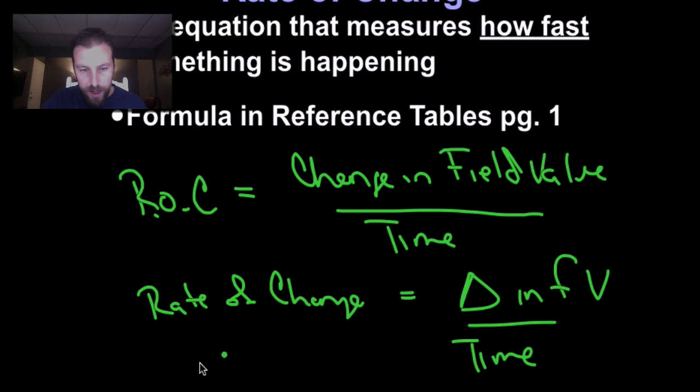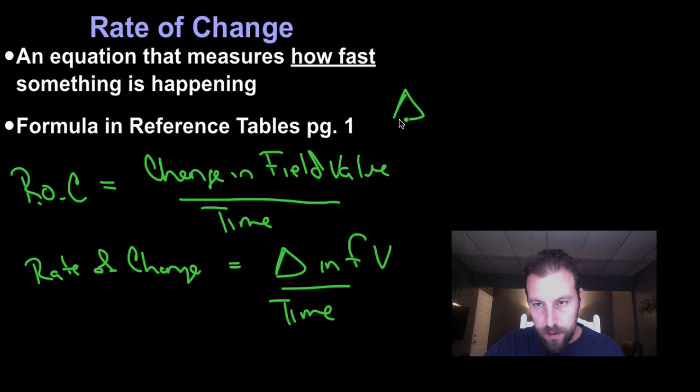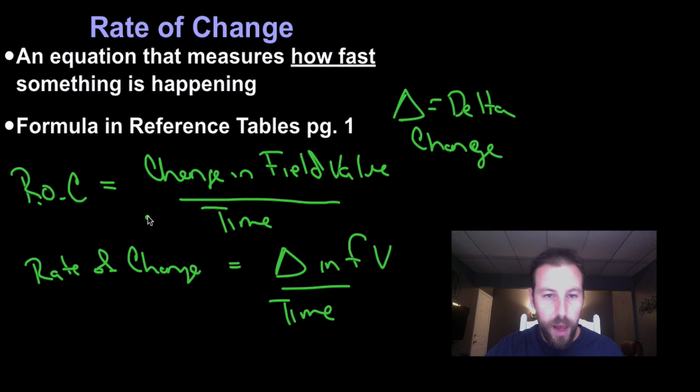This little triangle right here, triangle is delta, part of the Greek alphabet, and that means change. Just an easier way of writing it. So wherever the case may be, rate of change is our change in field value over time.